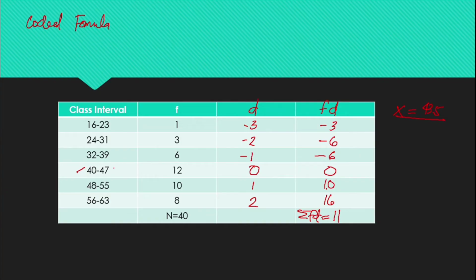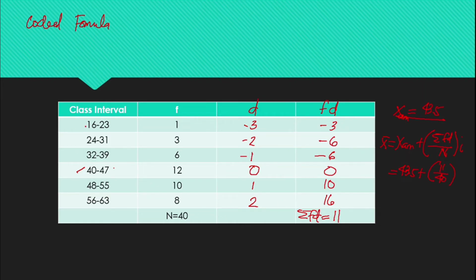So use the formula to compute the mean. The formula for this one is mean is equal to assumed mean plus the summation of fd over the n times the interval. This is our assumed mean, the class mark, which is 43.5, plus the summation of fd, which is 11, over 40, which is our n, times the interval.